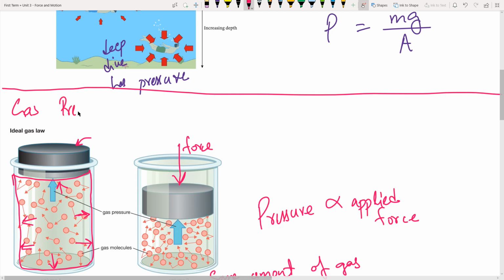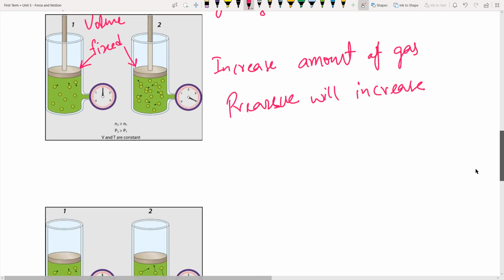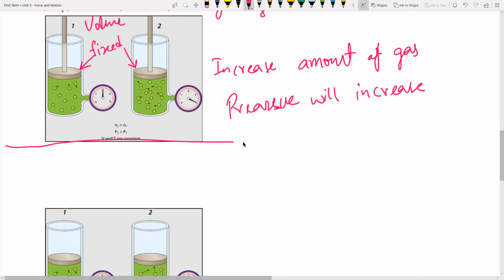Gas pressure depends on the effect of volume decrease. If we decrease the volume or increase the applied force for the same amount of gas, what will happen?